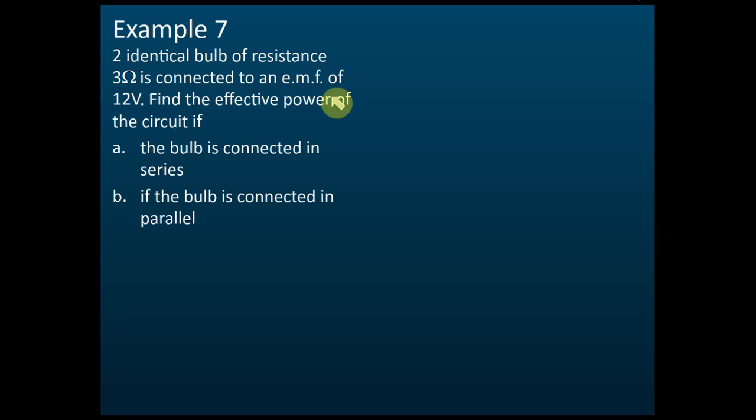Find the effective power of the circuit if the bulbs are connected in series and if the bulbs are connected in parallel. So you have two bulbs, one connected in series, another connected in parallel. They want you to find the total power. Let's start with A.